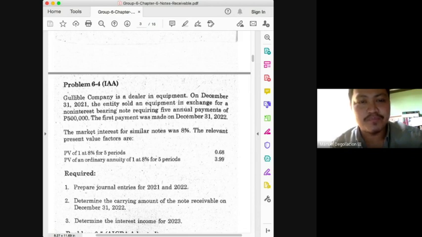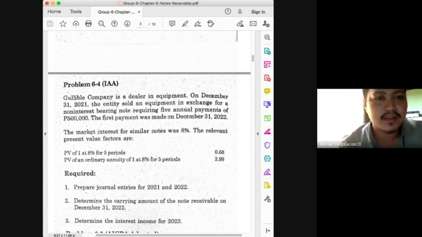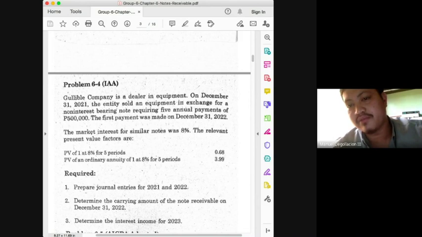Then you would ask, why are we not recognizing the 505,000 as income this year? Why are we still recognizing it as unearned income? Because the earning process for interest is different from a sales transaction. For sales, normally if there is delivery, then the transaction will be considered completed already. Then you can recognize your sales revenue. But for interest, as I have repeatedly mentioned earlier, interest is earned through passage of time.